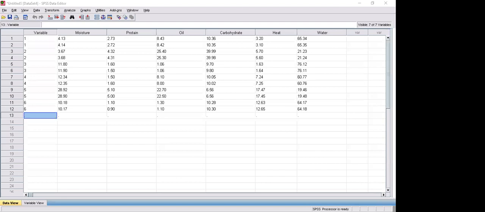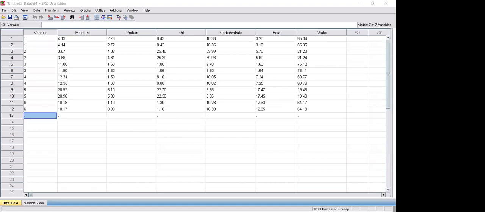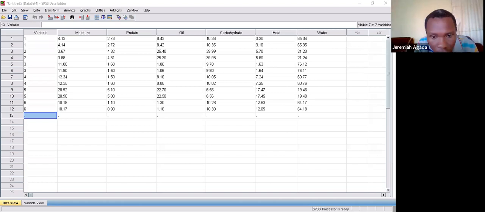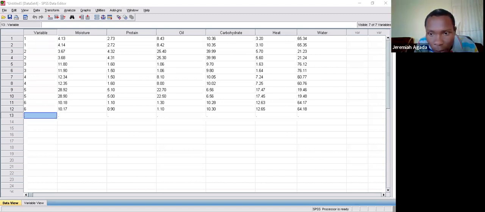Sorry, I think your screen is freezing. My screen? Yes, I'm assuming we're supposed to see where the analysis has been done, but what we're seeing is, for example, row 12 under variety 6, underwater is 64.18. Is that what we're supposed to be seeing? I've not done any analysis now.